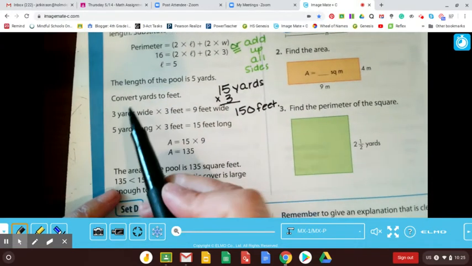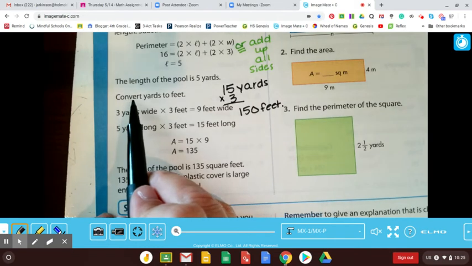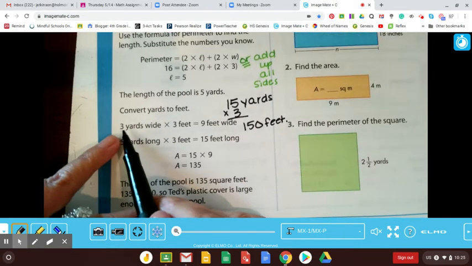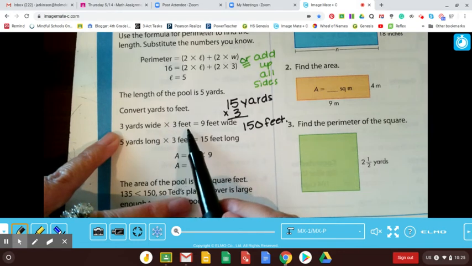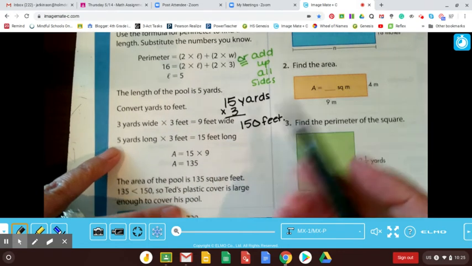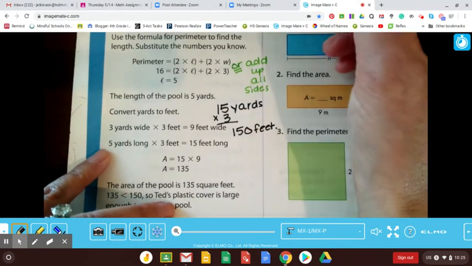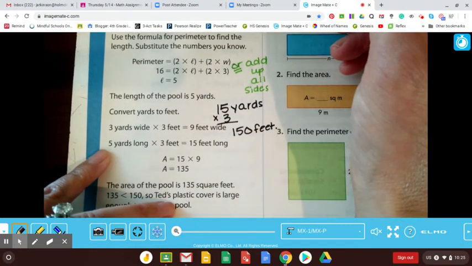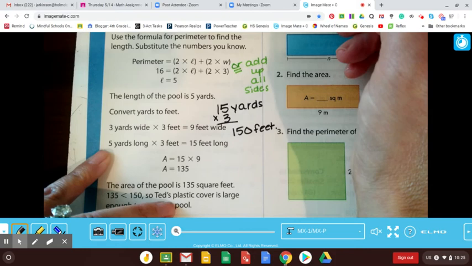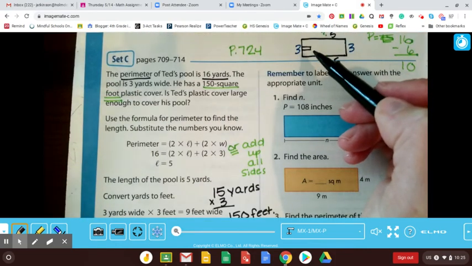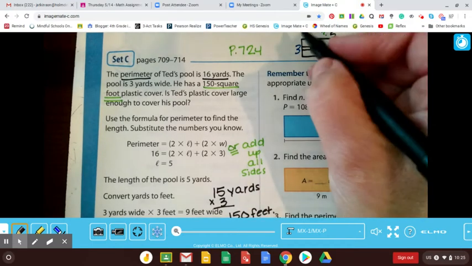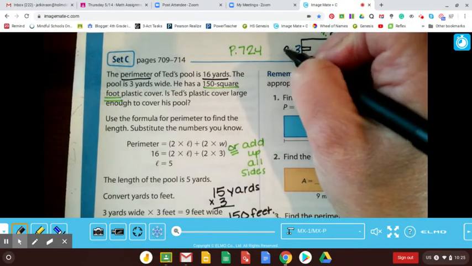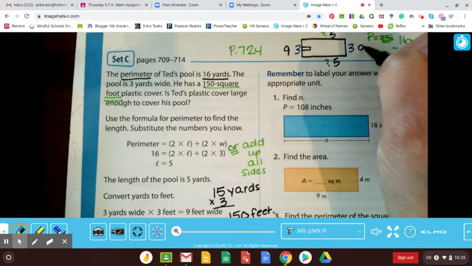All right. So in their example, they were converting yards to feet like this. They said 3 yards wide times 3 feet would be 9 feet wide. So they were converting it to feet from the diagram. I'm sorry, you can't even see that from the diagram. So in feet, we would have 9 and 9.